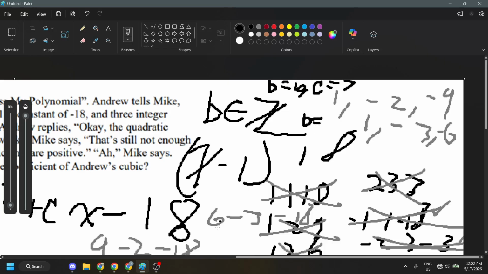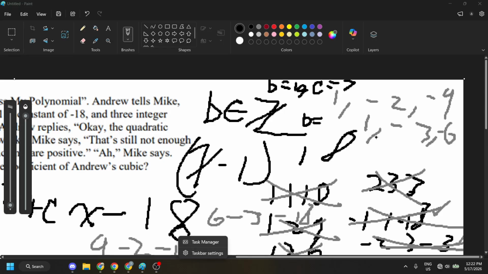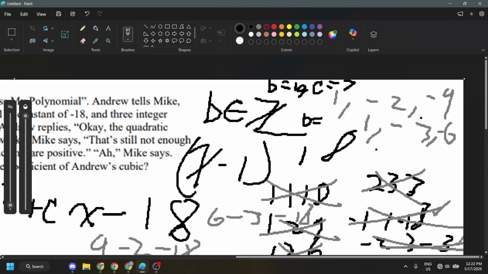Here b is equal to 6 plus 3 is 9 minus 1 is 8. C is equal to, okay, so negative 3, negative 6 plus 18. So negative 3 minus 6, so it's going to be equal to 9.